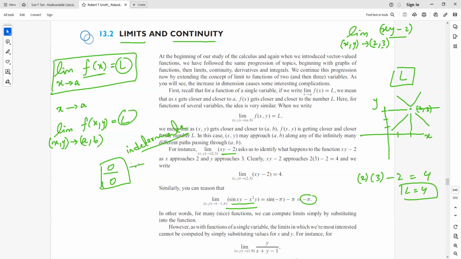Similarly, in this multivariable function case, we also need to do something more to find the limit. So what we do is we approach the point from different paths, and we see whether the limit is the same from all paths or not, right? So let's see what happens. We'll take some examples.